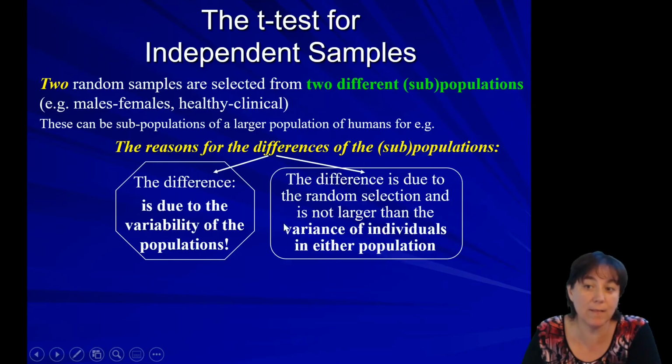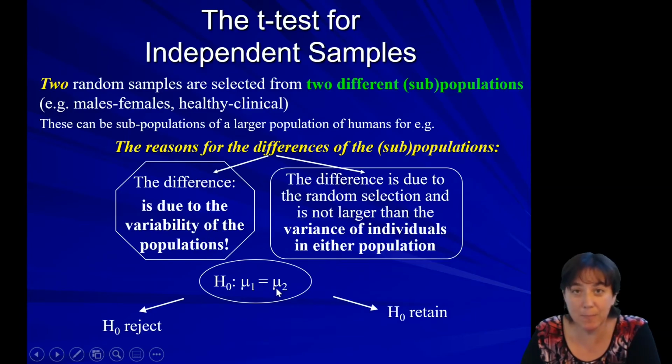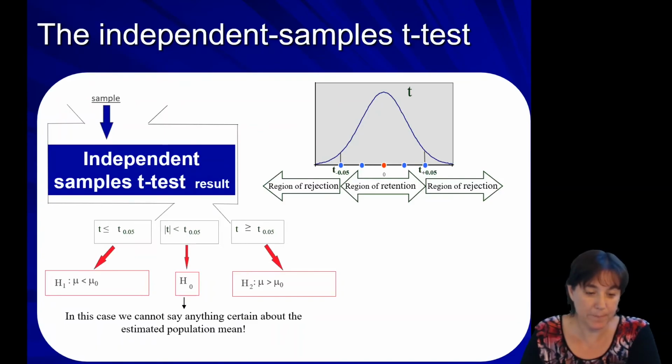If this second case is true, then we don't really have a significant difference between the groups. But if the difference is due to the specifics of that subpopulation, then it's a true difference. So we will test the null hypothesis that the estimated population means of these two populations are equal, and then we do the hypothesis testing the usual way.